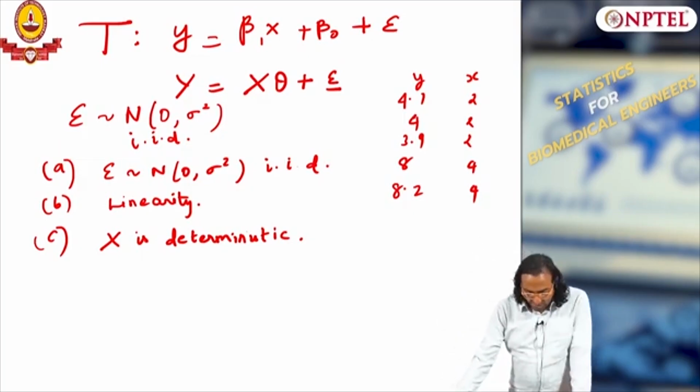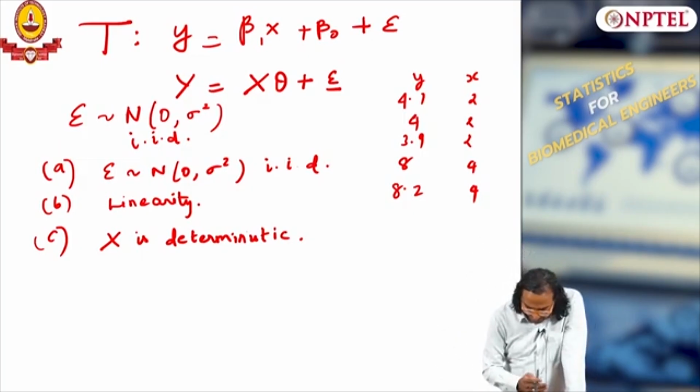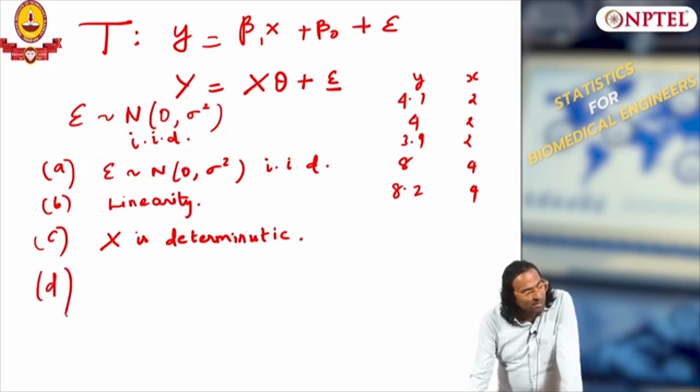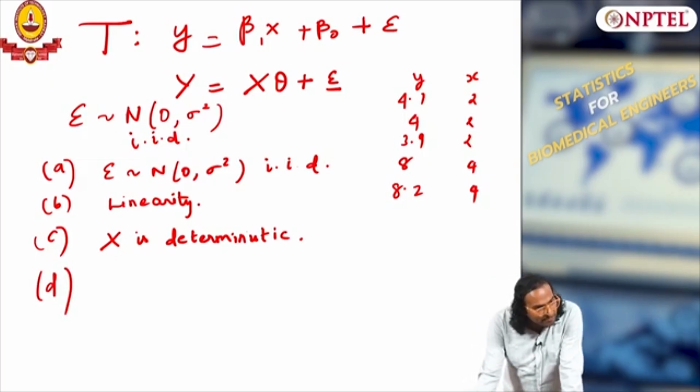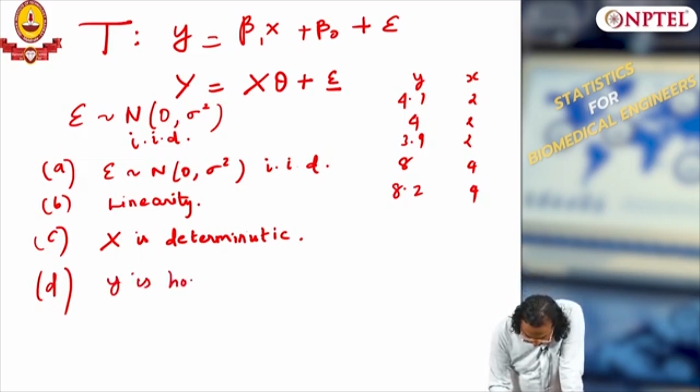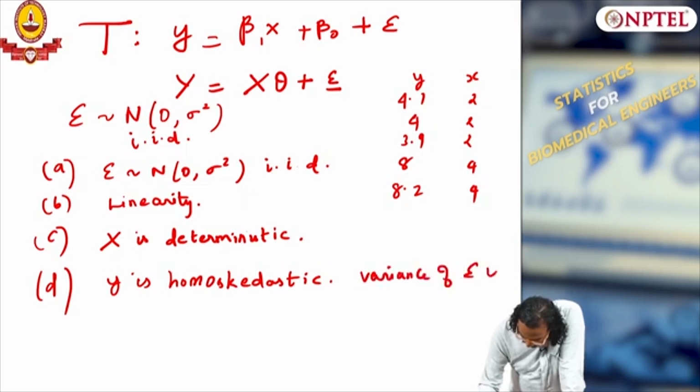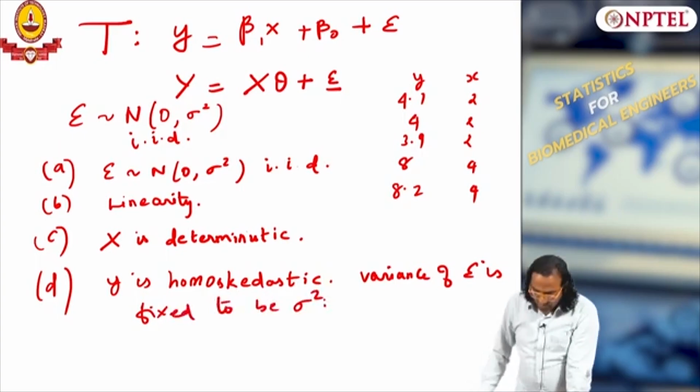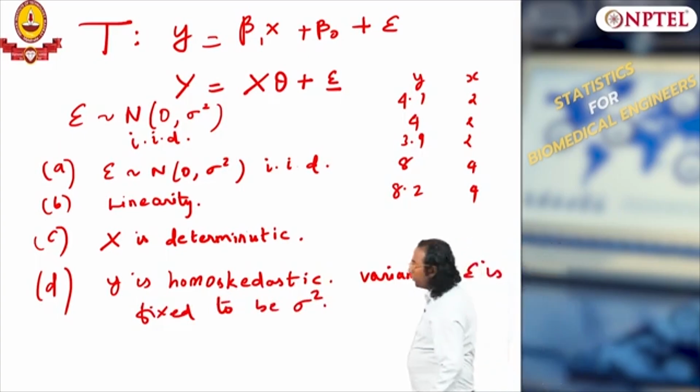So, you have linearity, you have X is deterministic. Any other assumption you could think of? Okay. So, this is an important assumption we make.